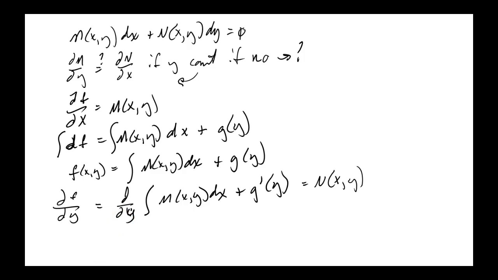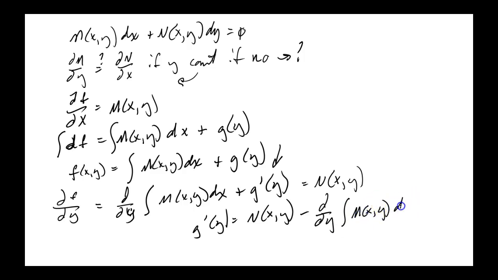Now, what we do at this point is solve for g. We already know what M is. We hopefully know what its integral is. We hopefully have taken a derivative of that. So there's a lot of things we have done. We just can't show them now. And we know what N is. So now we say that g prime of y is equal to N(x,y) minus the partial derivative with respect to y of the integral of M(x,y) dx.